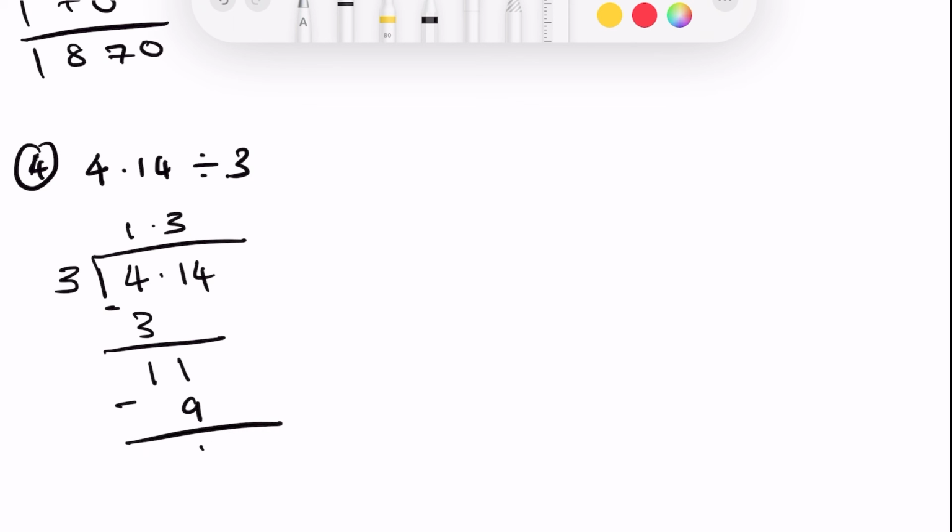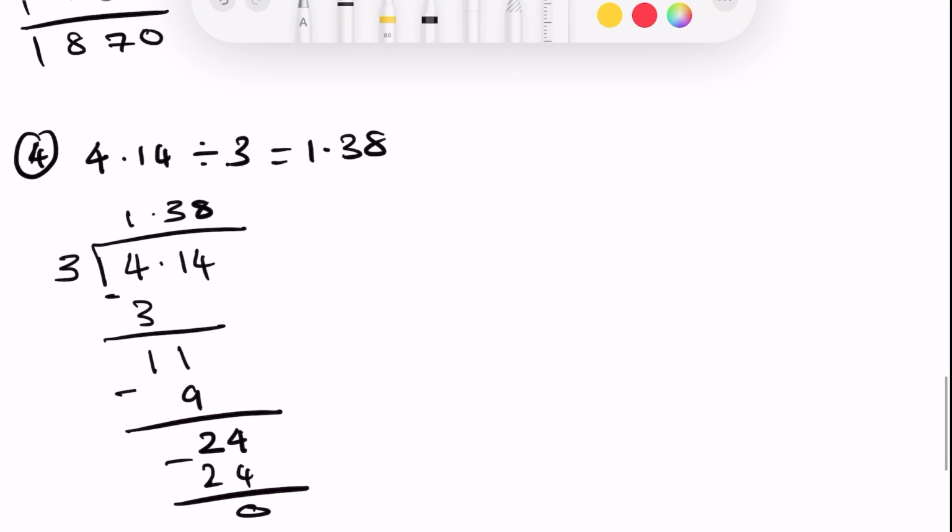So I'm going to subtract 11 minus 9, which is 2. Bring down the 4. 3 into 24 goes 8 times. So 3 times 8 is 24. Get 0. Therefore, 4.14 divided by 3 is 1.38. Okay?